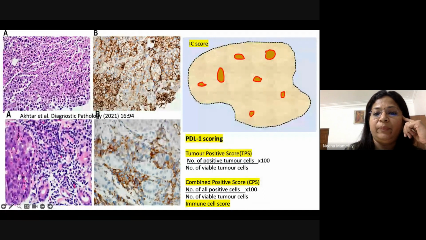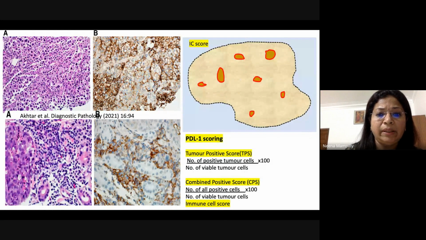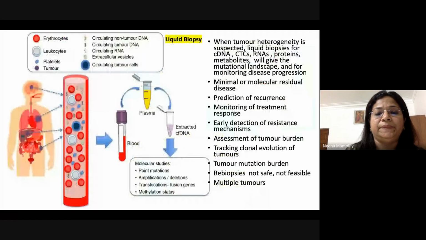So you have a tumor positive score, that is the number of positive tumor cells by the number of viable tumor cells into 100. You have a combined positive score and an immune cell score, which gives you the percentage of immune cells that are infiltrating the whole tumor. So all this information is required.